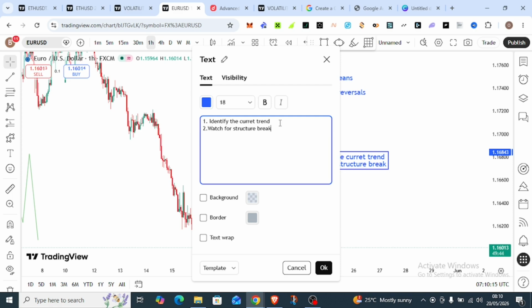Let's look at three. Wait for confirmation. You don't just enter immediately when you see the reversal signal, which is change of character. You wait for confirmation and use other confluences in your strategy to confirm that the market is truly reversing. So this is wait for confirmation. The third point, wait for confirmation.